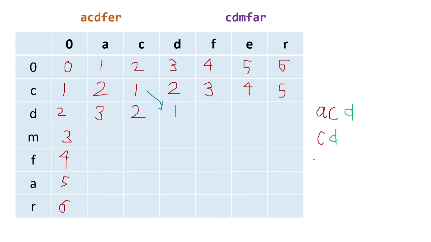Now just think what will be the case here. Let me erase this one and write in some different way. So if I am taking ACDF, okay, ACD was previously there.